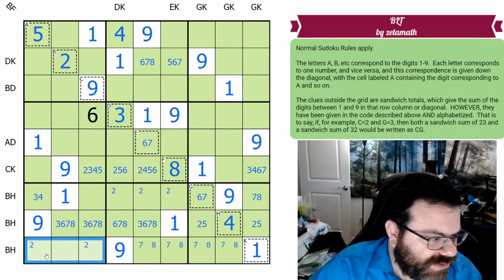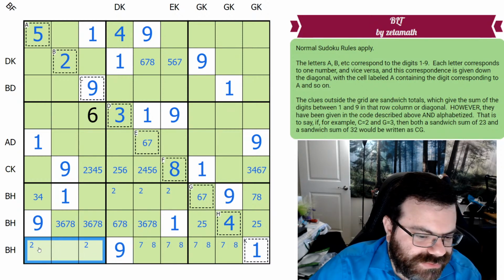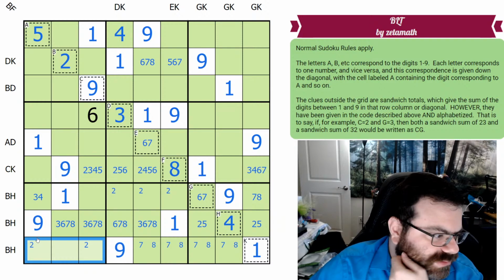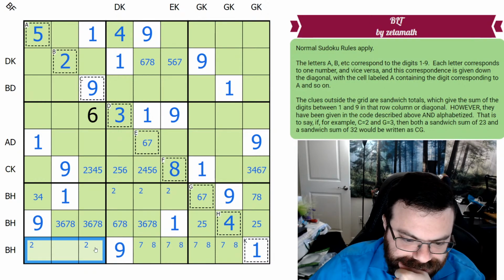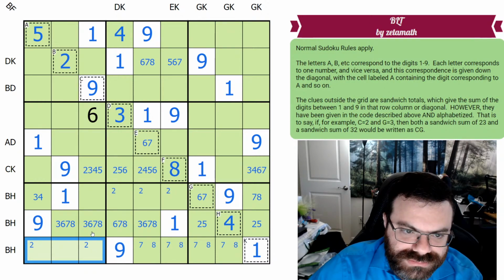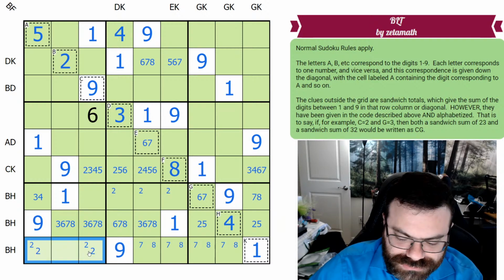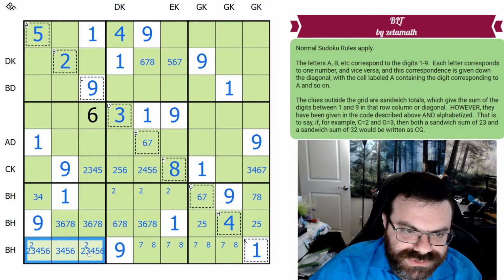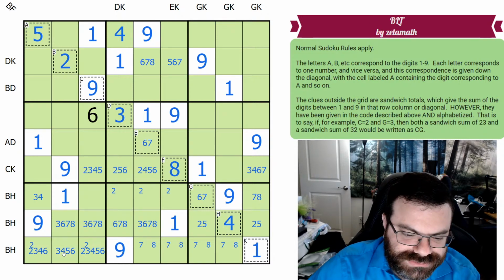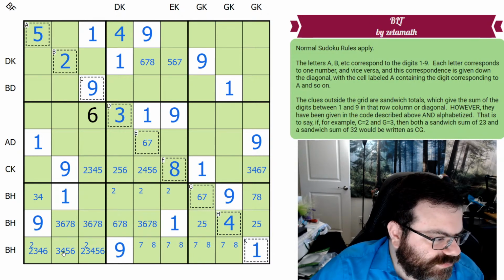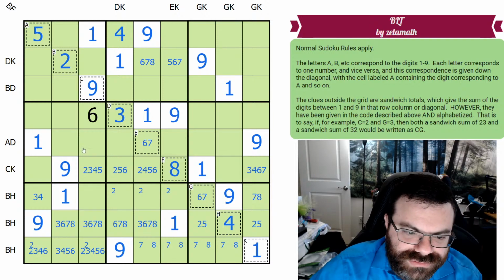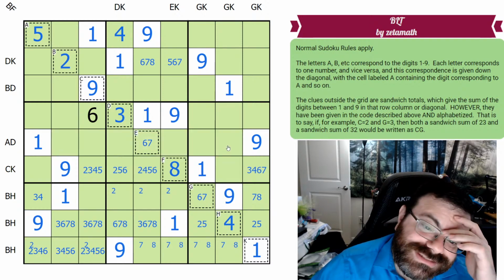These sum to 11 as well with a 2. So the other two add to 9. 3, 6, or 4, 5. This can't be 5. Yes, indeed.